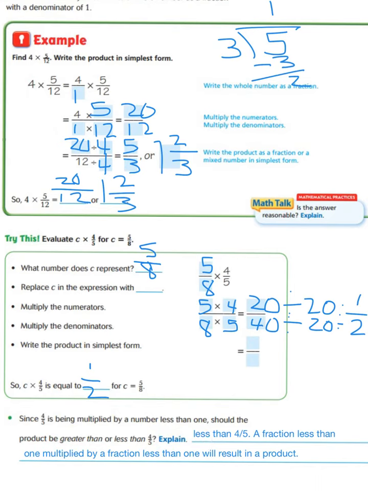A fraction less than 1 multiplied by a fraction less than 1 will result in a product less than either factor, because I am finding a part of a part. We're not multiplying by a whole. We are multiplying a part by a part.